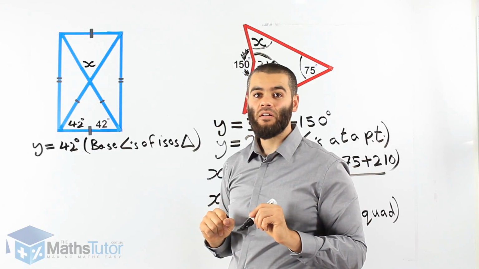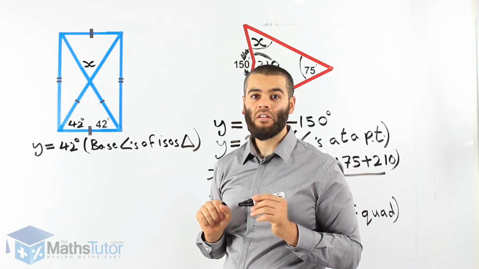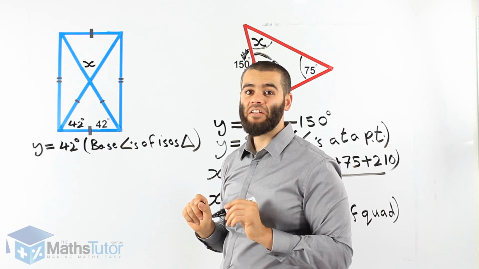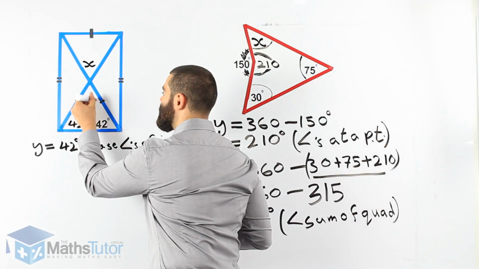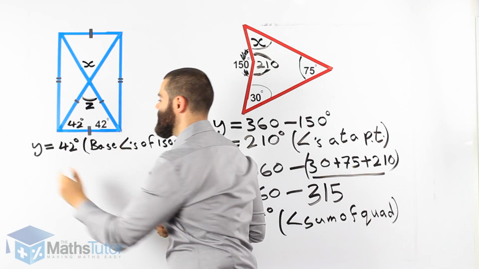What do you notice now? Look carefully. Which angle do you think we're going to go for next to try and find x? If you look carefully, you're going to guess it straight away. We're going to find this angle here. Call it z.